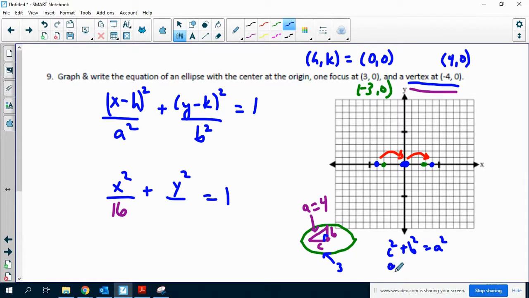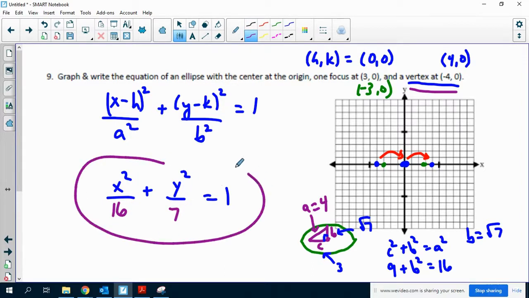So I have c squared equals 9. b squared is what we're trying to find because we need to find what goes underneath the y term. And then a squared is 4 squared, which is 16. So b would equal the square root of 7, which means that when I take b squared, I would get 7. So this is my equation.